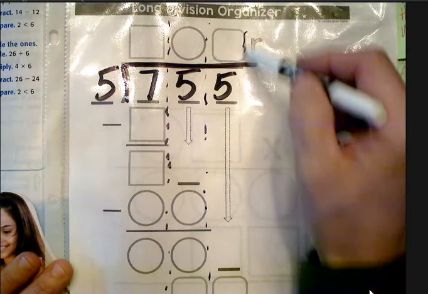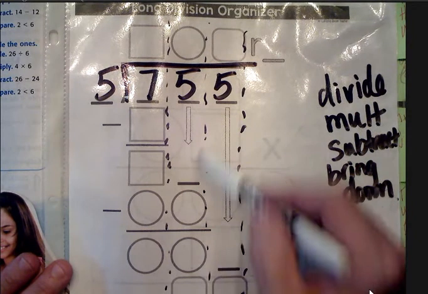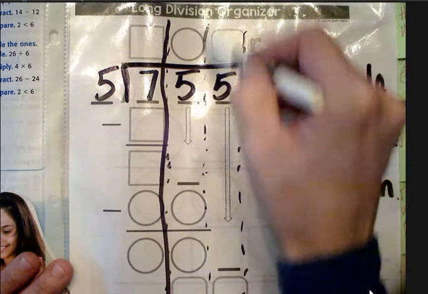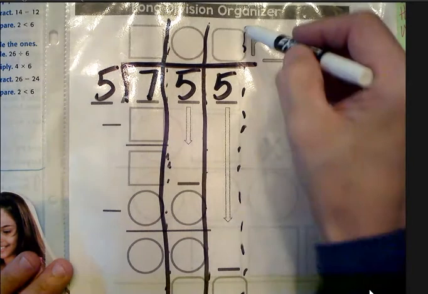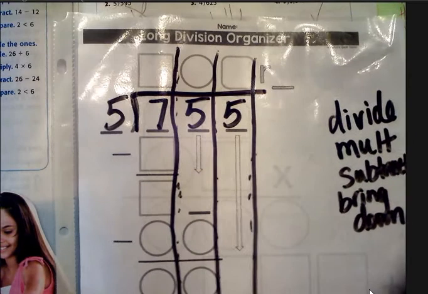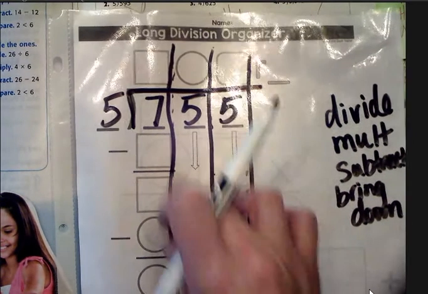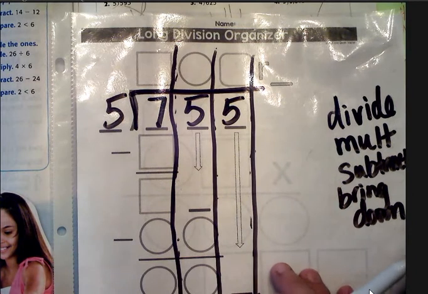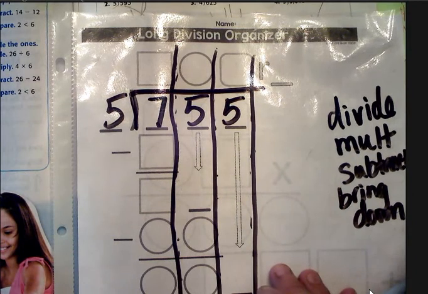You see how I'm putting dotted lines? You need to keep your lines in order, because if you don't, you can end up with the wrong answer. If you don't have this, you can use your graph paper. And if you've lost this for some reason, let me know, because I can print another one at the office and they can give it to you.